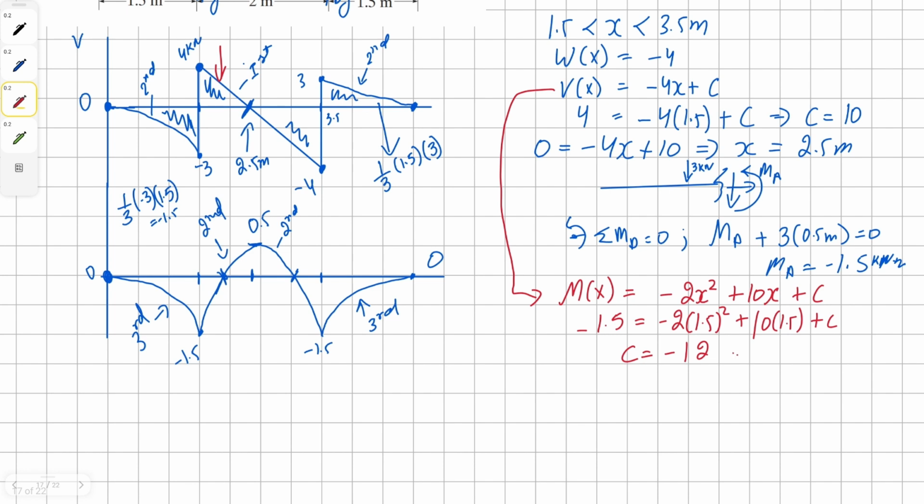Now we can plug our value of this c into our moment equation and determine where the intersection occurs. So we have moment M(x) equals negative 2x squared plus 10x plus negative 12. And we need to determine where moment is 0, the value of x.